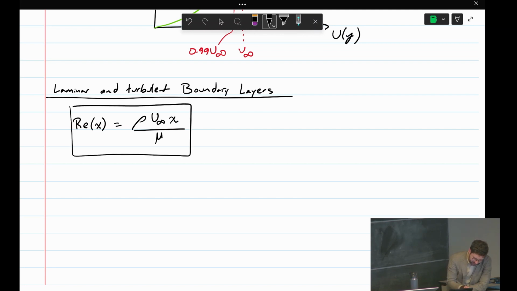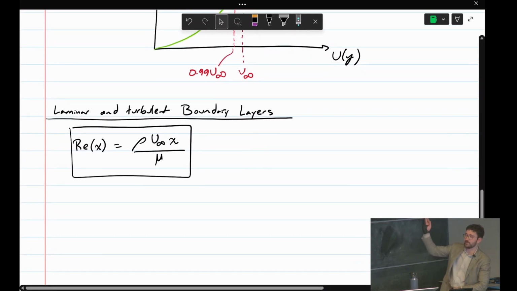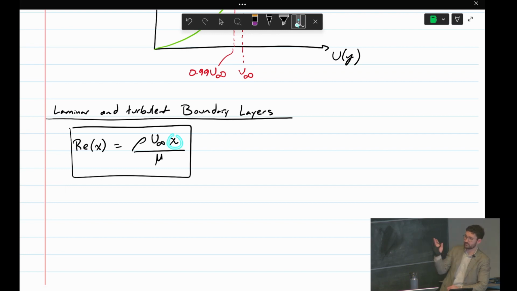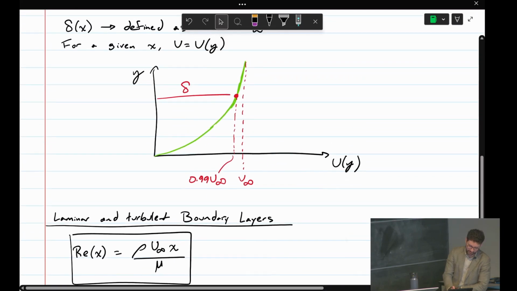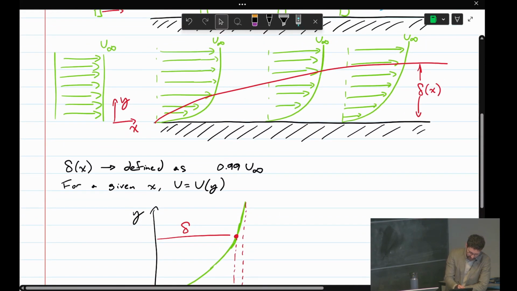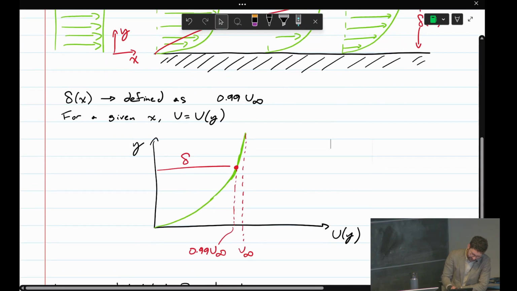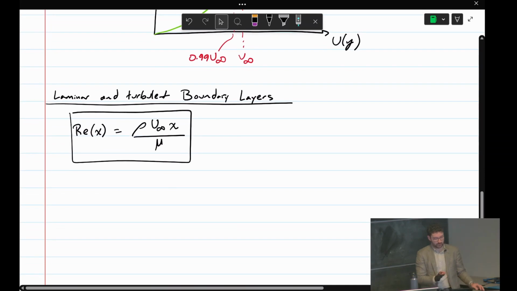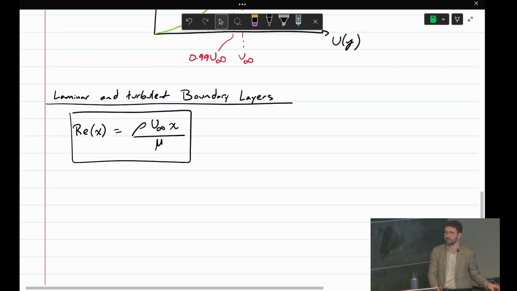That's defined as follows. So the local Reynolds number is the density rho times U infinity, which is again the velocity very far away from this plate, times x, which is our location along that developing flow. So x is defined here as the location from the leading edge of this plate. So x is like that. So it's rho times U infinity times x over mu, and mu is the dynamic viscosity, which we saw before.